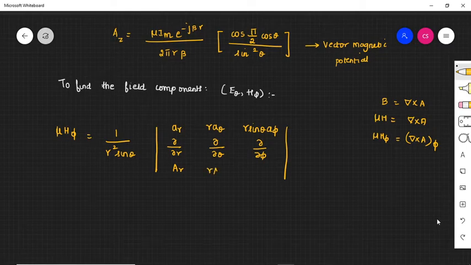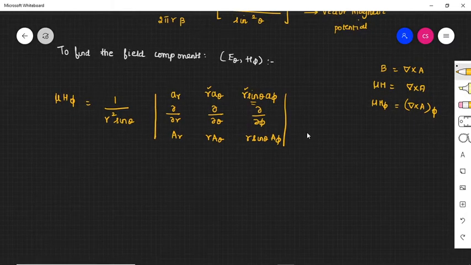So it is A_r, r into A theta, r sine theta into A phi. So this is r, so it is r square, and the sine theta component. We will divide it by 1 by r square sine theta, because a_r, a_theta, a_phi are unit vectors, so it has to be 1. So we will compensate by dividing it by 1 by r square sine theta.